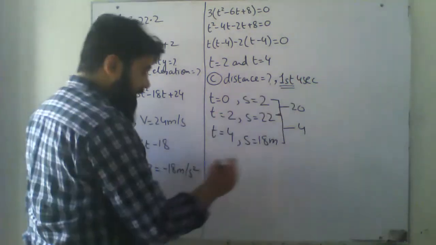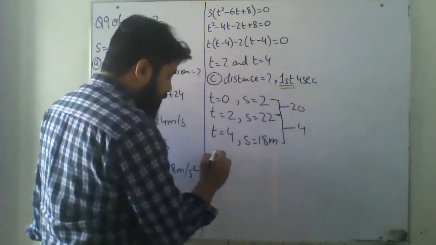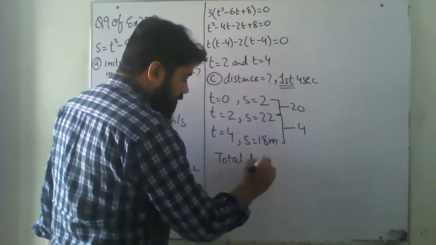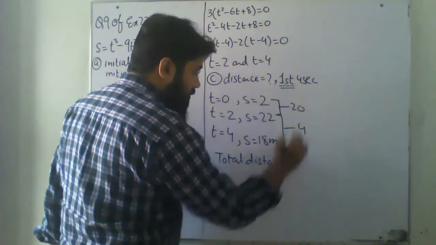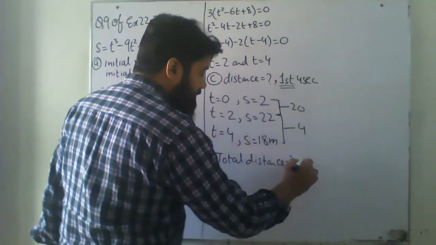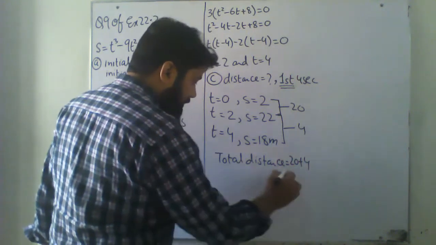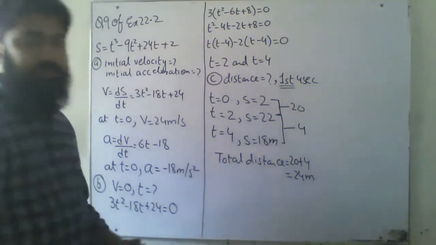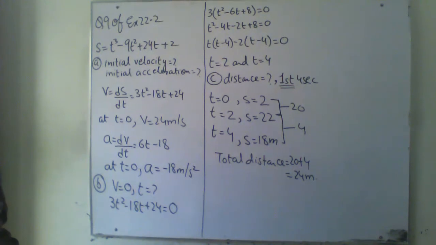So when I will simplify it, the total distance will be equals to 20 plus 4. So the answer will be coming 24 meter, the distance covered in first 4 seconds.